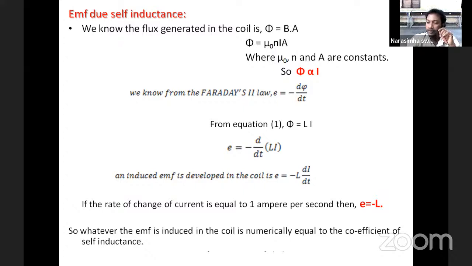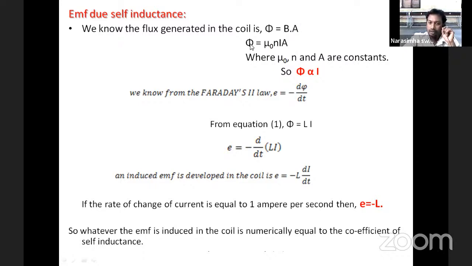We know the flux generated in the coil: phi is equal to B dot A, the applied magnetic field multiplied by the area of cross section.